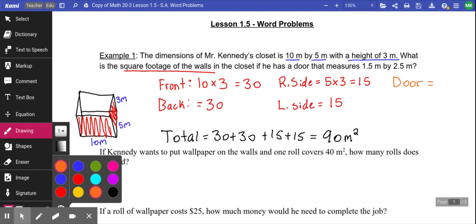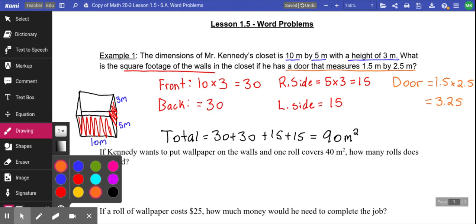It tells you the door measures 1.5 by 2.5. So 1.5 times 2.5 gives me a total of 3.25, I think. Did somebody calculate that? Get it right? Oh, after you do the subtraction? Okay, sweet.